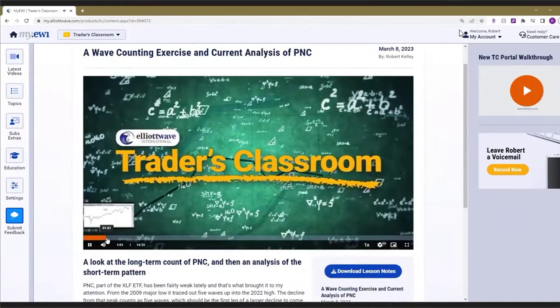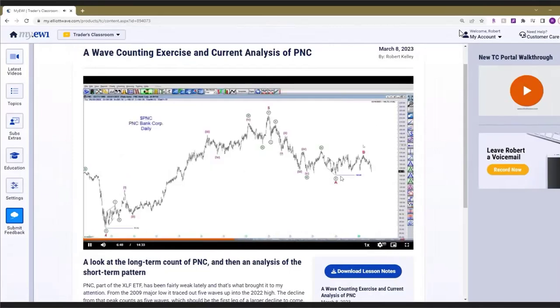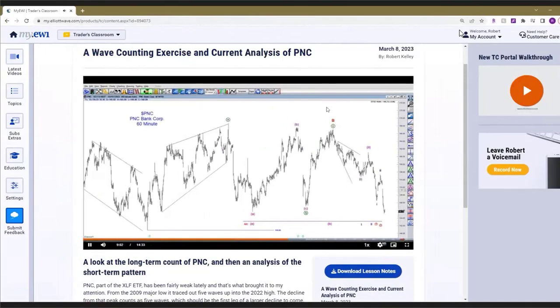So this was a wave counting exercise where we were going through the whole wave count. And I arrived at this conclusion that an AB was complete and it was starting a big C wave decline that ultimately could go back toward this low right here. All right, and then I showed you the intraday chart with a 1-2-1-2 calling for downside acceleration.